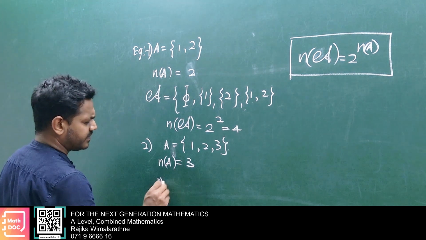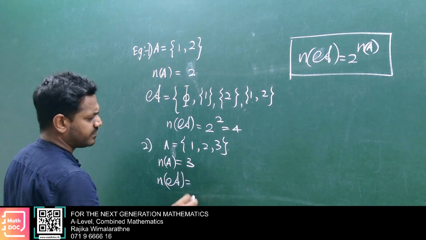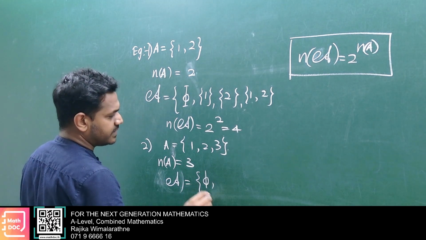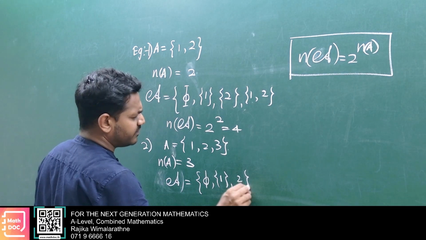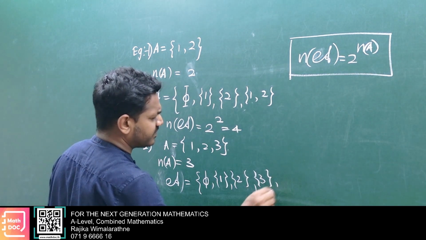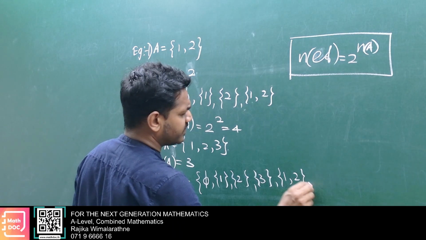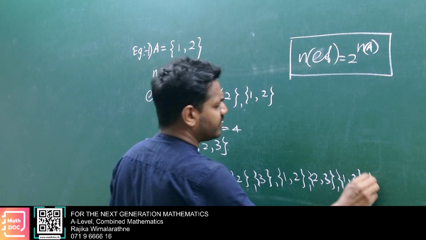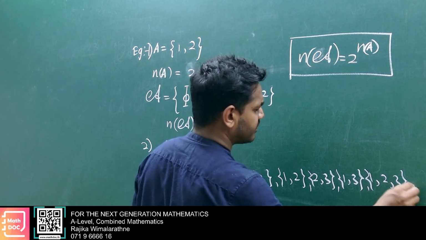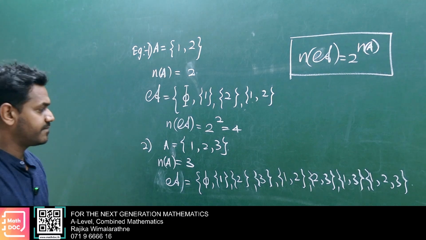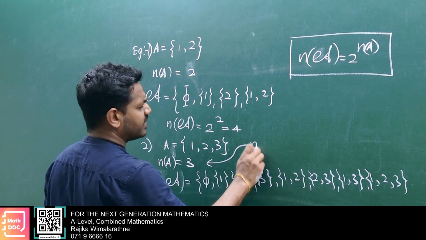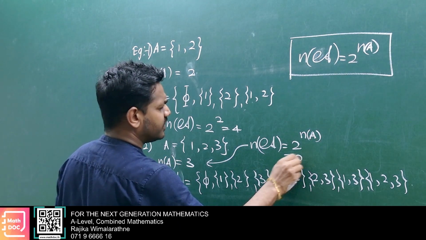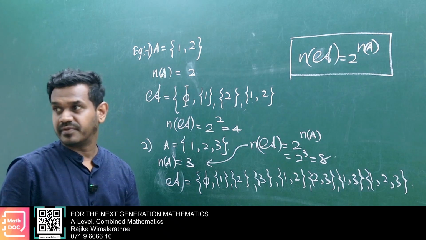The power set of A equals the null set, {1}, {2}, {3}, {1, 2}, {2, 3}, {1, 3}, {1, 2, 3}. Write with me. For this case, n of the power set of A equals 2 to the power n(A), 2 to the power 3, which equals 8.